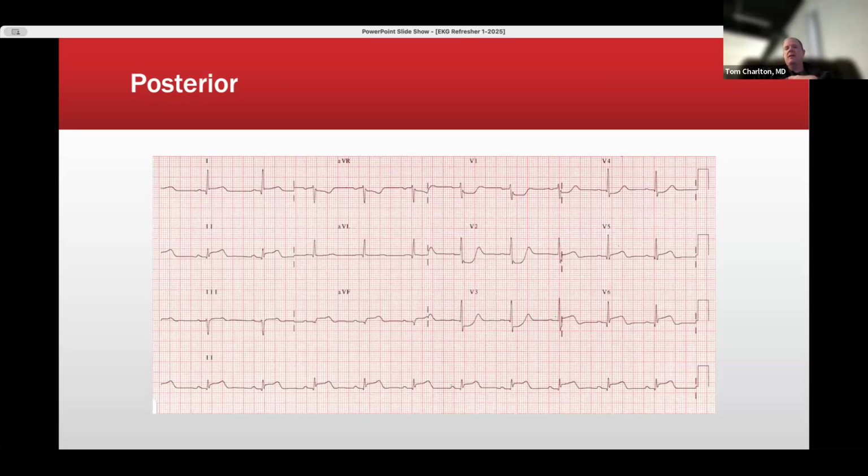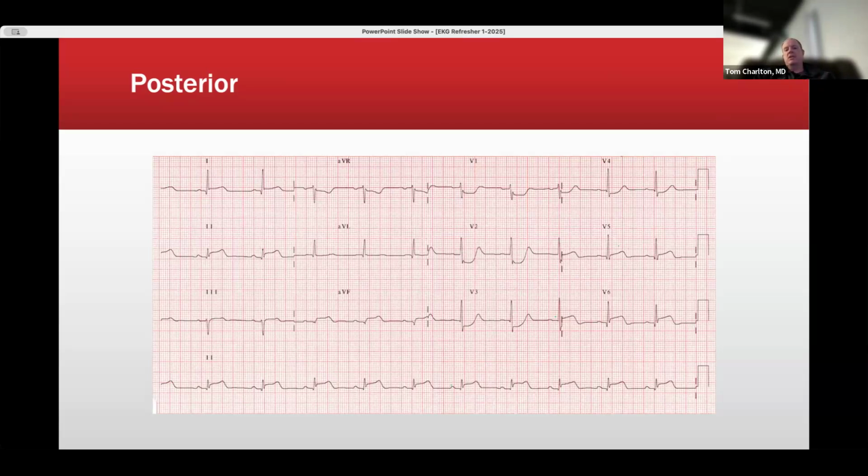So this is where having a strong suspicion matters. If you see ST depression in V1 or V2, you really need to do a posterior EKG and put V7, V8, V9 back there, because that may show you the ST elevation that you need in order to activate a cath lab.